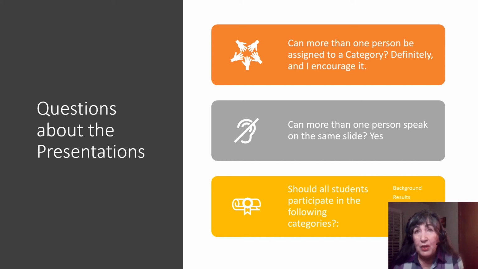And should all students participate in the following categories? Well, the most important categories that reflect critical thinking skills are background, results, conclusions, and broader impacts. Every member of the group should have a word or say something in each of these categories.